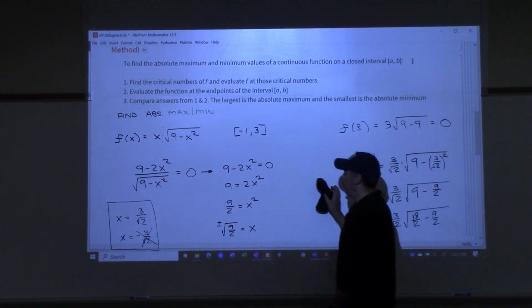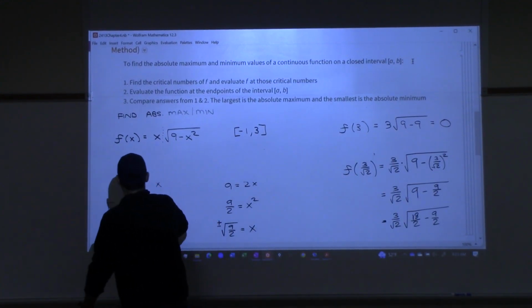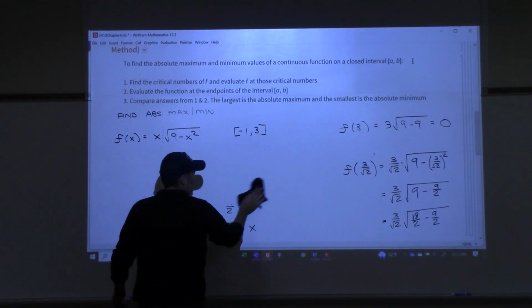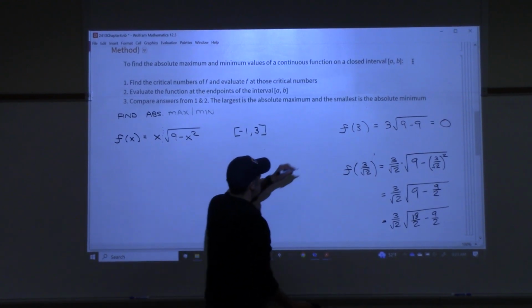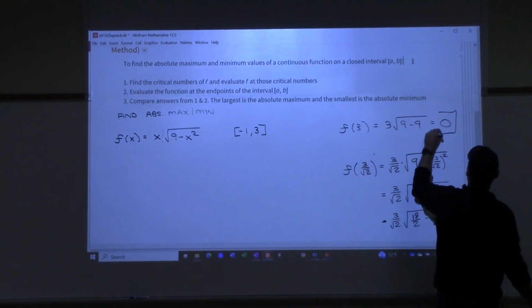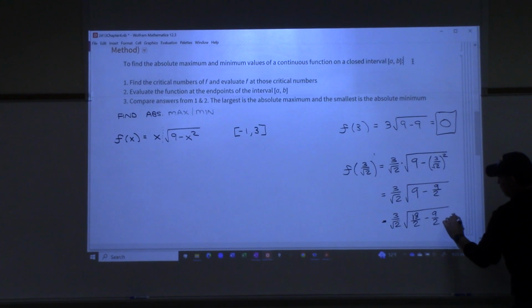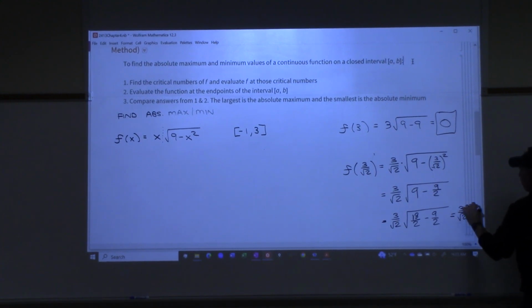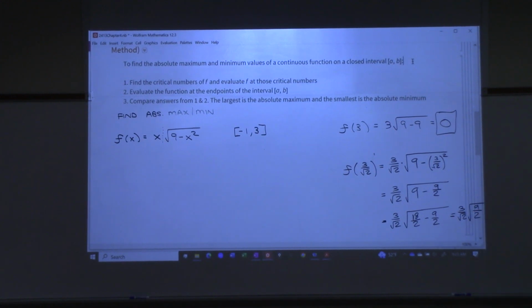So here's where I am. I have that f of 3 is 0, and that's one answer. And then this is 3 over root 2 times the square root of 9 over 2. That's weird looking. Let's do this again. What is this?